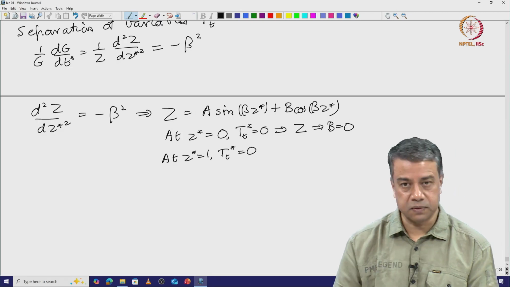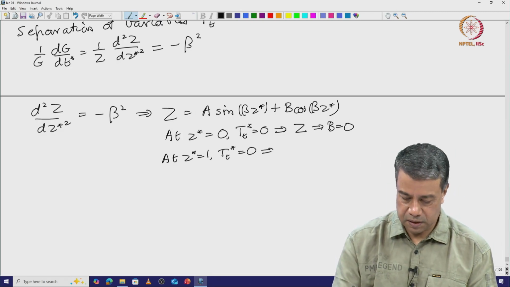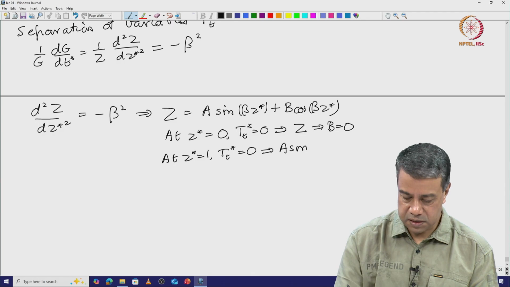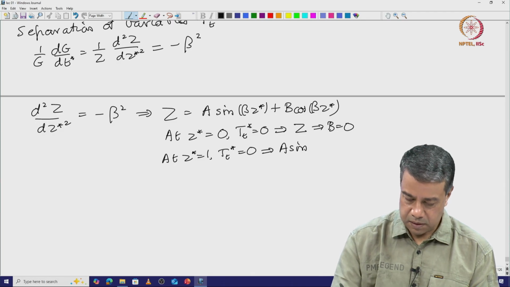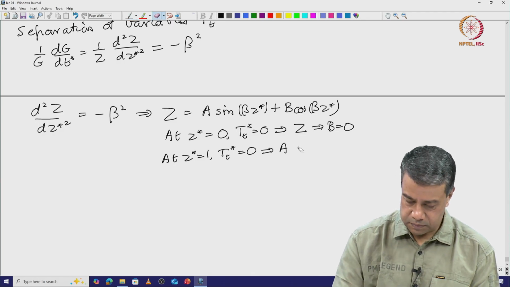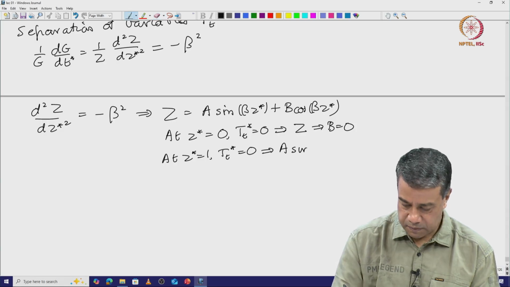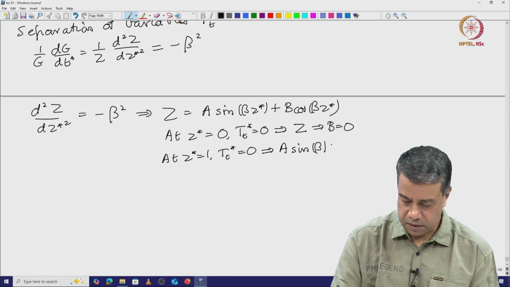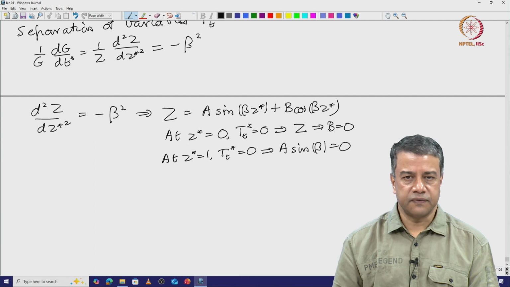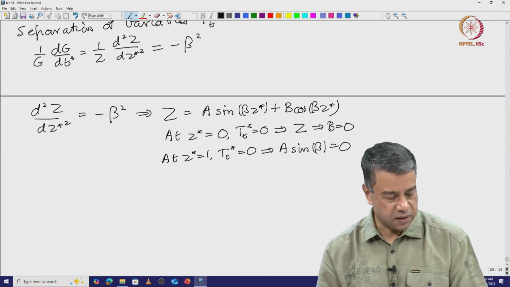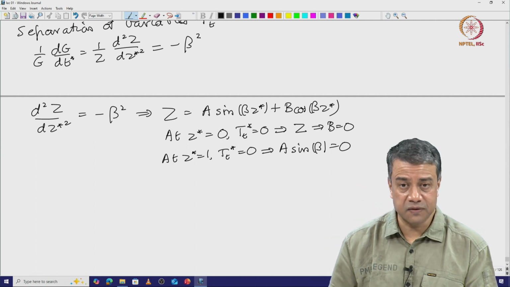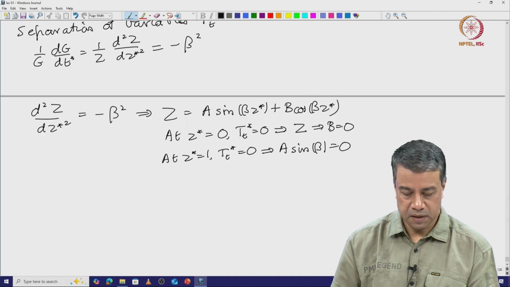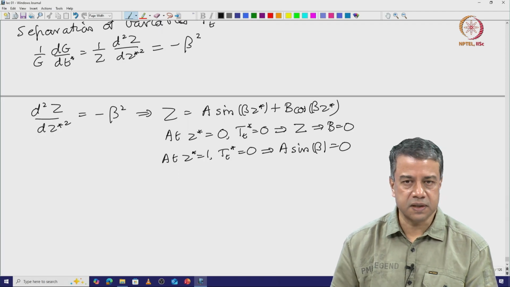And at z star is equal to 1, the transient part is also equal to 0, which means that a sine of beta is equal to 0. Of course, if a is equal to 0, there is no solution. So the only solution is if sine of beta is equal to 0. If a is equal to 0, then you just get 0 everywhere.